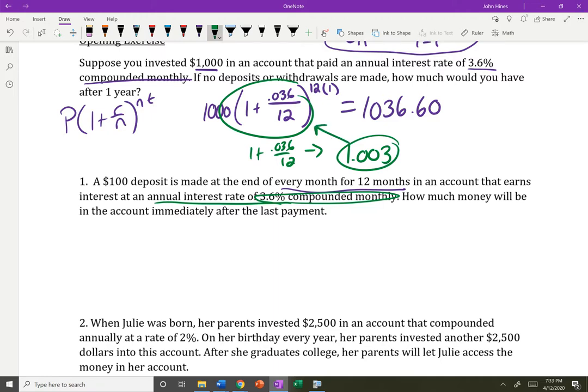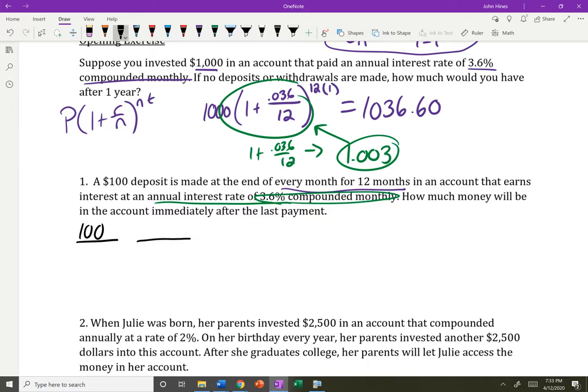How much money will be in the account immediately after the last payment? The first month, I put in $100. Done. That's all that happened.